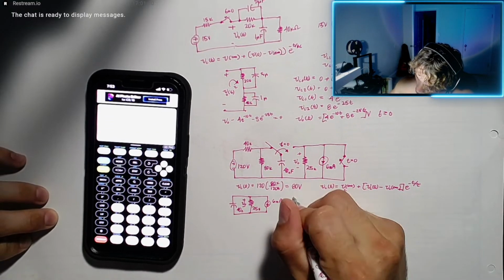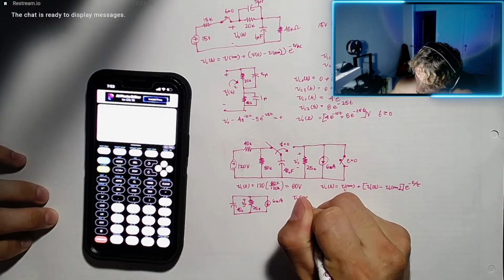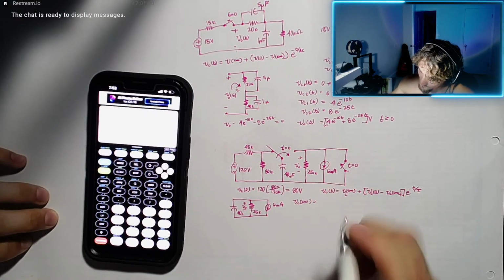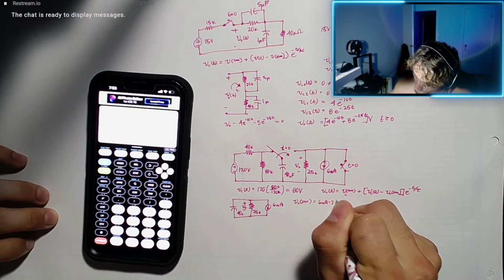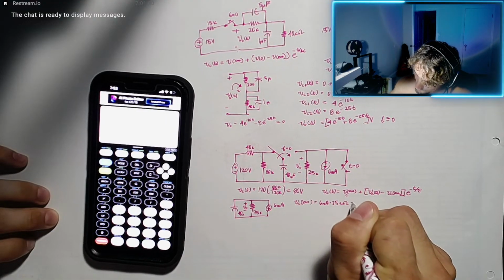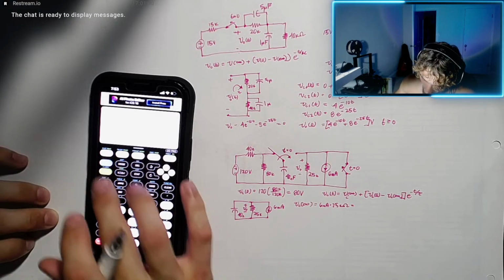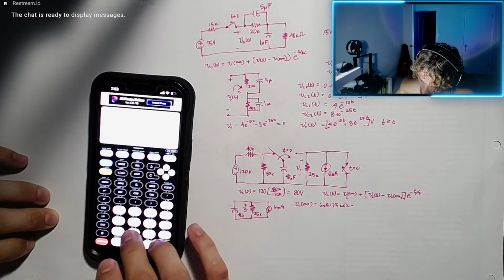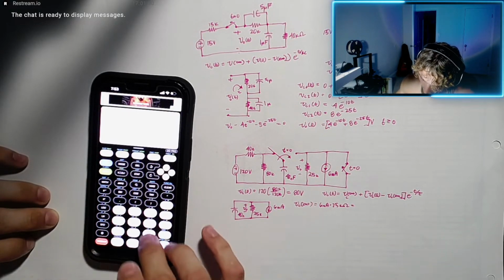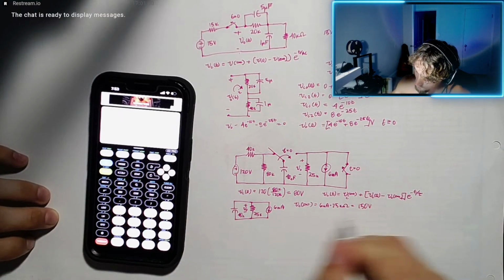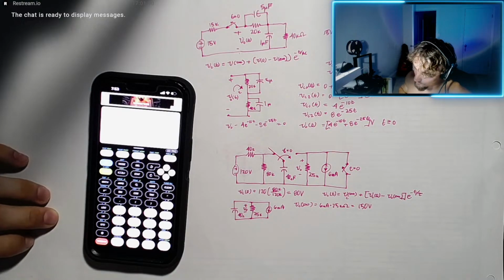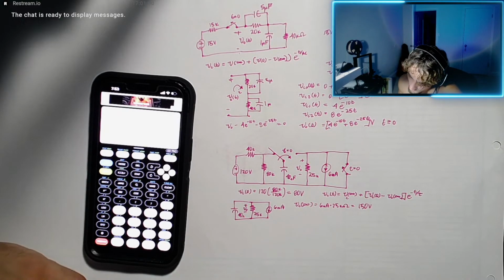So I think we would say that Vc of infinity would equal 6 milliamps multiplied by 25 kilo ohms, which is 6e-3 times 25e3, 150 volts. Okay, is that true?